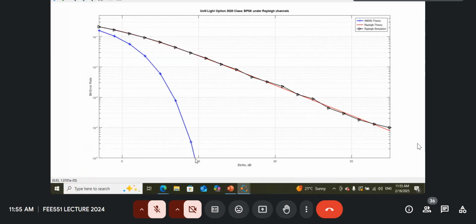So this blue one, if you are able to see it as blue, the first one on the legend there, is the AWGN, where we only have noise at the receiver. But if you have a fading interferer in the channel, which is multiplying the symbol itself, H times X, and H is also random just like N. By the way, the distribution of N is the same as the distribution of H. So H is also a Gaussian random variable, okay?